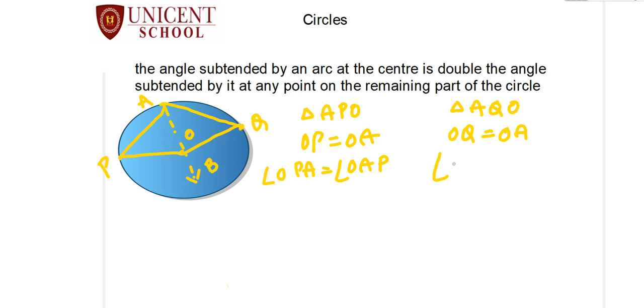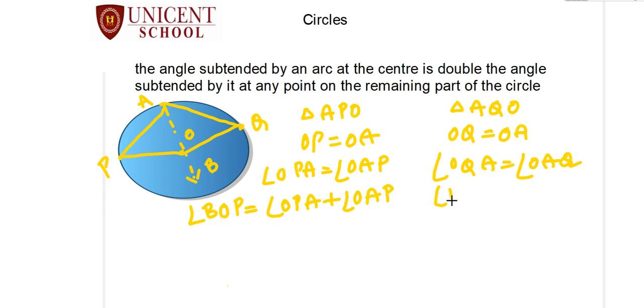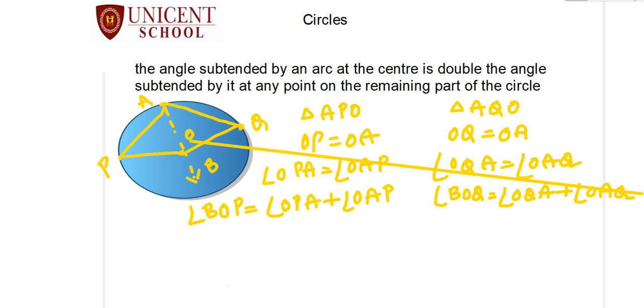Similarly, here we get OQA equal to OAQ. And also by the exterior angle property, as we have done in the previous case, we get angle BOP equal to angle OPA plus angle OAP. Here we get angle BOQ equal to angle OQA plus angle OAQ.